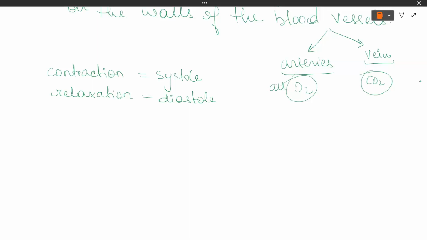So when the auricles contract, the blood will go into the ventricle. And when the blood finally reaches the ventricle, the auricles now relax. There is no need to be contracted, isn't it? So whenever systole and diastole are taking place, there is a pressure exerted on the blood vessel.